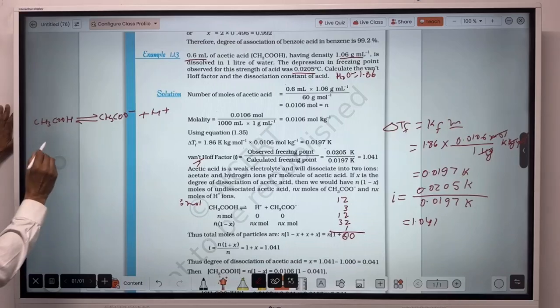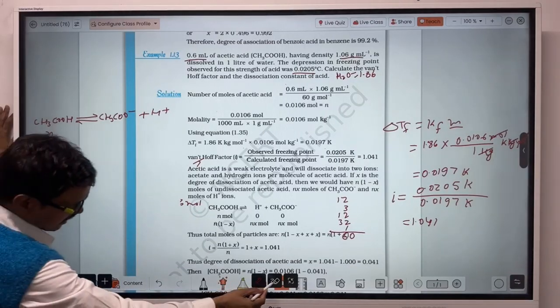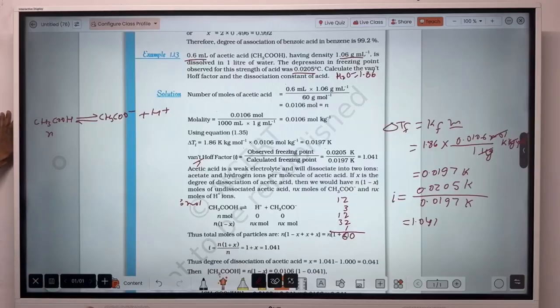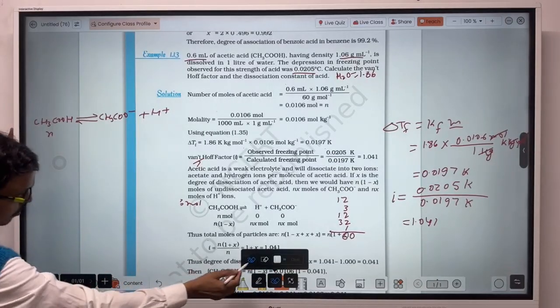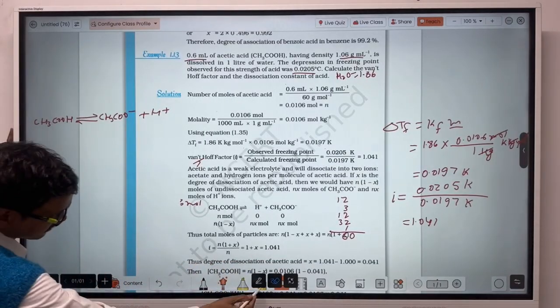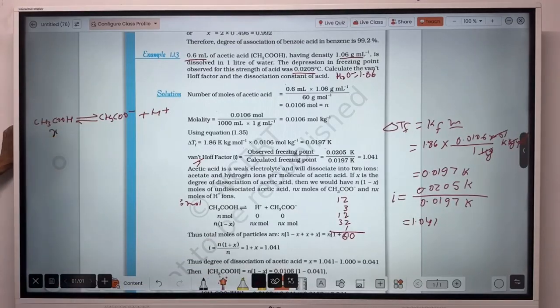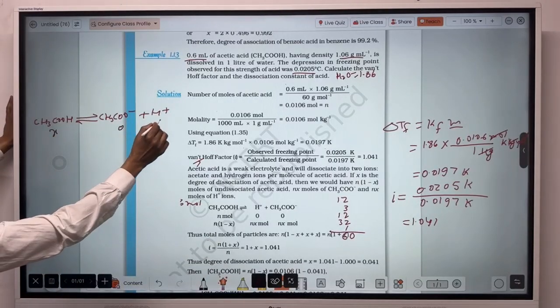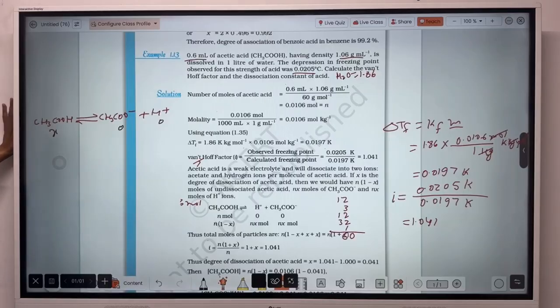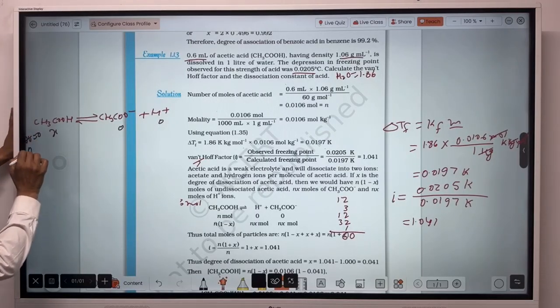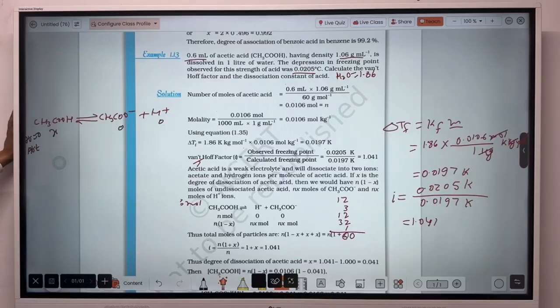First, suppose initially you have taken the number of moles of acetic acid as x. It will be x, and the products will be 0. After that, at t equal to 0, that much. At t, what happened here?